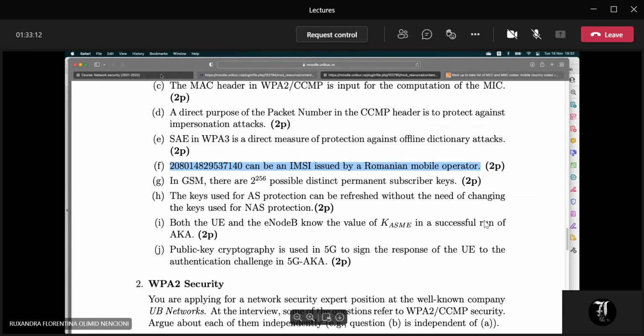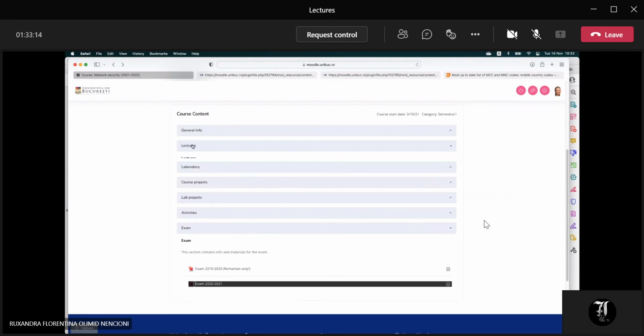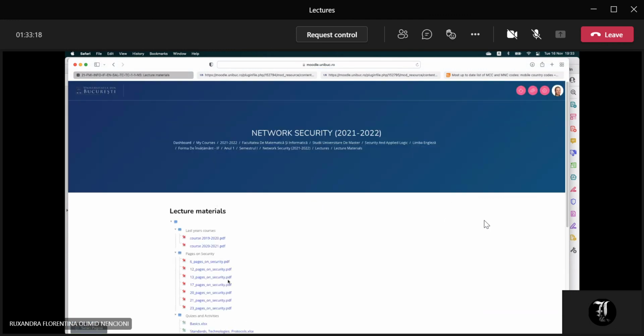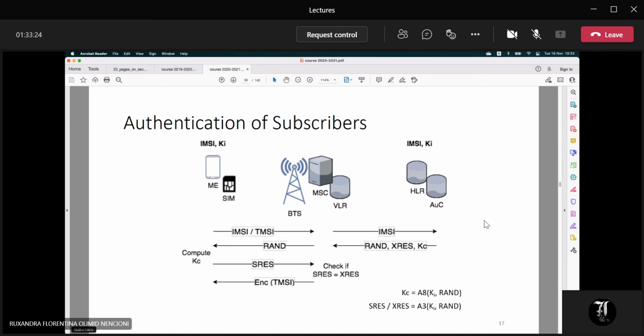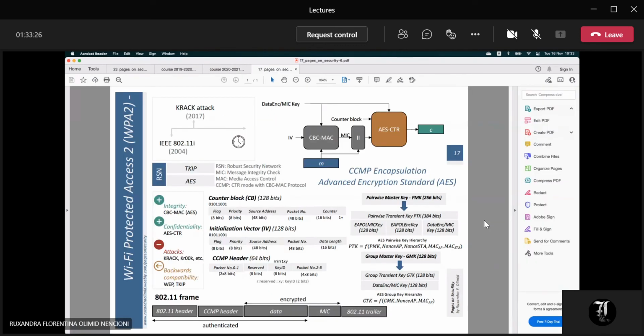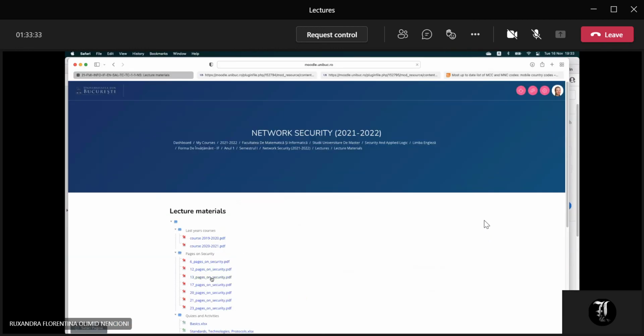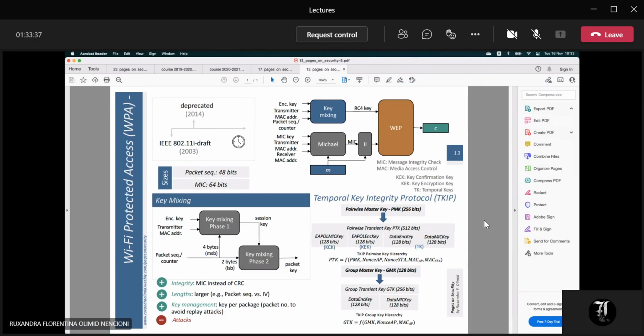I will go here in the slides. Now, which was the one? Let me think. Maybe it was 17. No, this is WPA2. WPA, oh, so early.